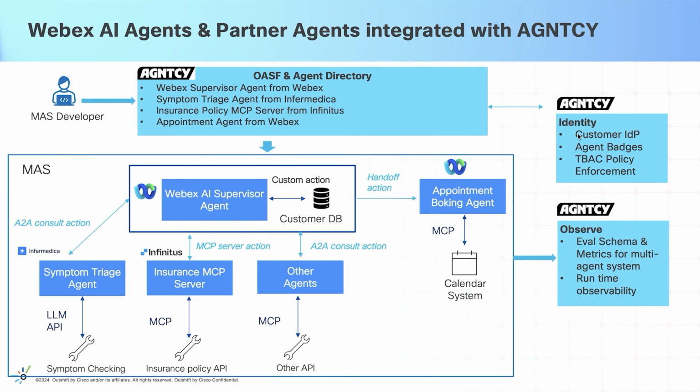They can actually disapprove the interaction if anything happens. We provide tool-based access. And also, after they finish this composition, they can use agency Observe to evaluate the performance of the system and get the metrics they need. So this is overall how developers can use agency on Webex AI Agent Studio to compose this system.